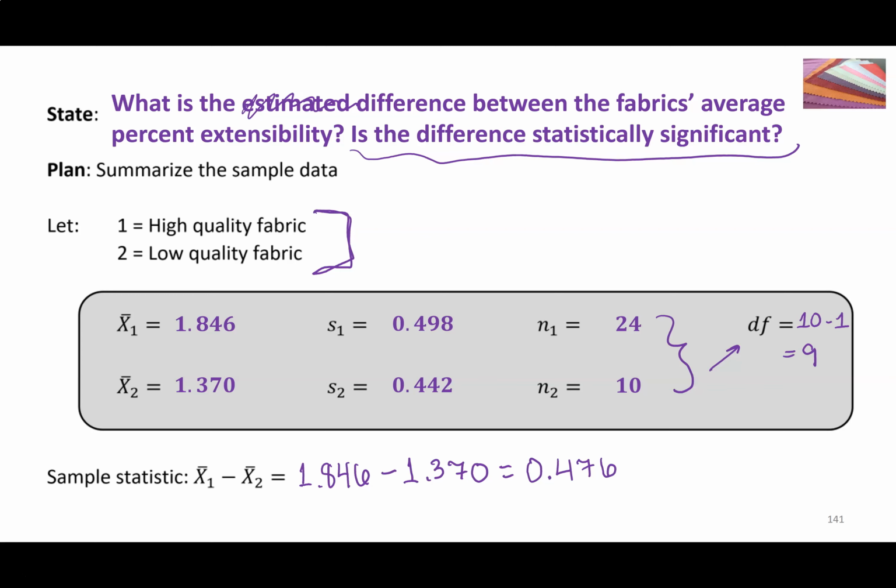That is the sound of me trying to do math, which always sounds raised at the end of the sentence. So this is my point estimate, my sample statistic, the difference in the sample means that we actually saw in the actual samples. And not only that, it's positive, which implies that on average, the percent extensibility was higher for the high quality fabrics, because 1 minus 2 is high quality minus low quality.